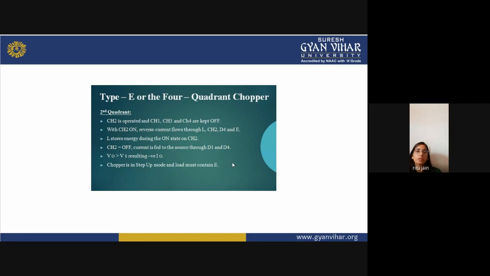So in the second quadrant, the chopper behaves in step up mode, and the load must contain a battery, that is, it must contain E.